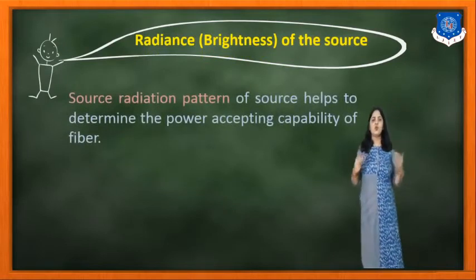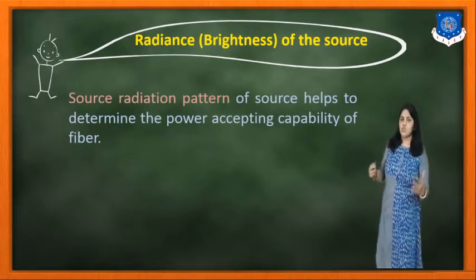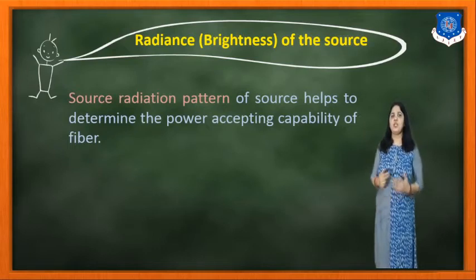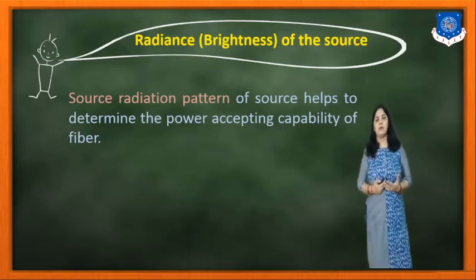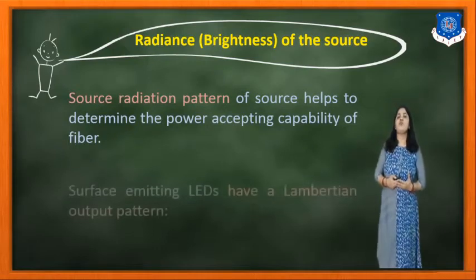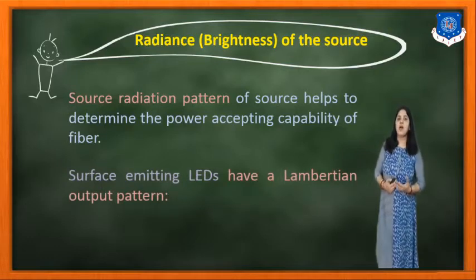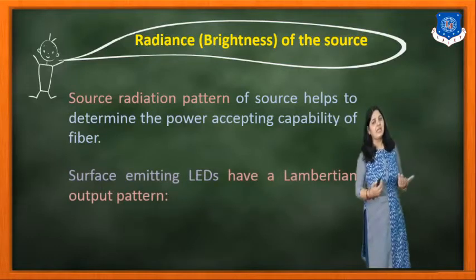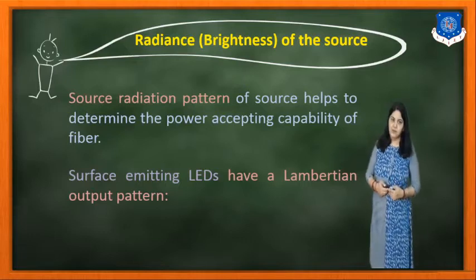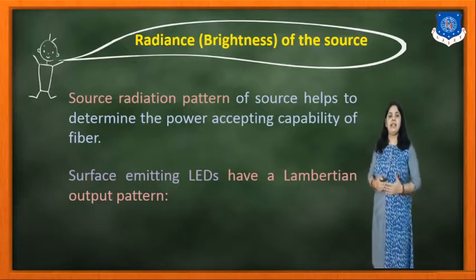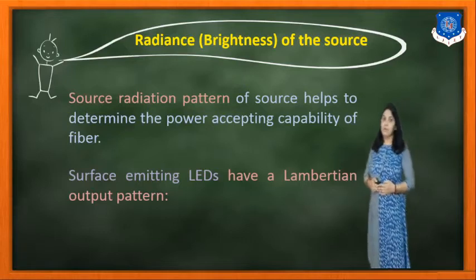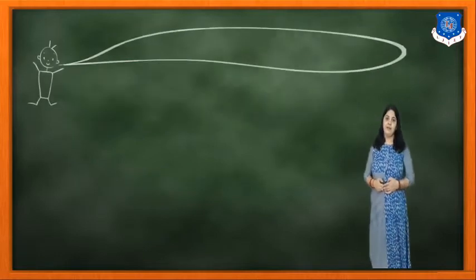Now, the radiation pattern of a source helps to determine the power accepting capability of the fiber, I mean, how much power can be accepted by the fiber. A surface emitting LED has a Lambertian output pattern.